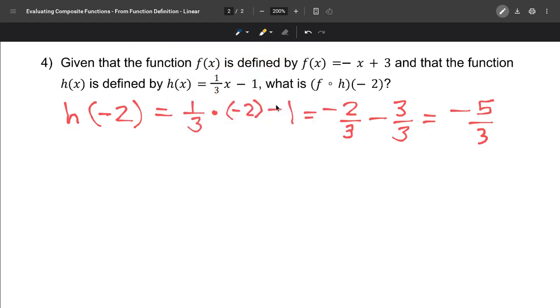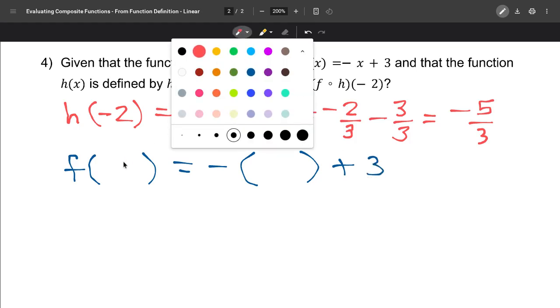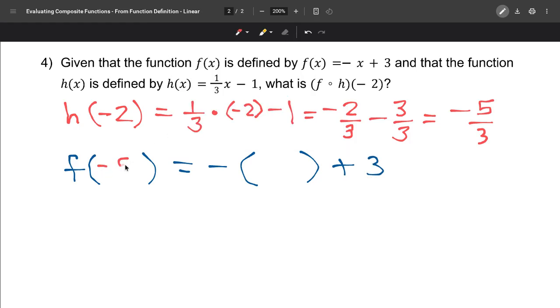So now we want to find f of negative 5/3. That's going to be negative plus 3. All right, so I'm going to now fill in. So it's negative 5/3 here.